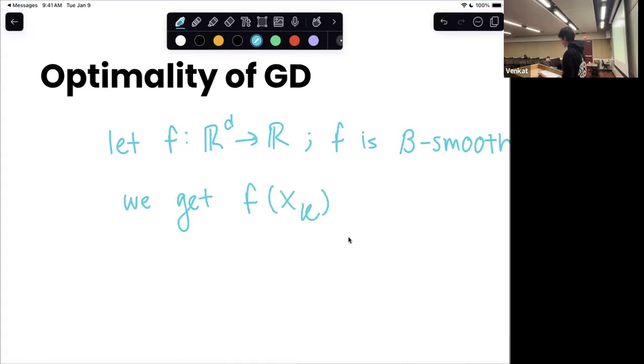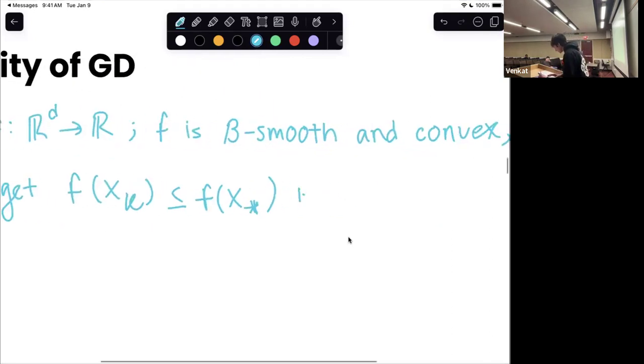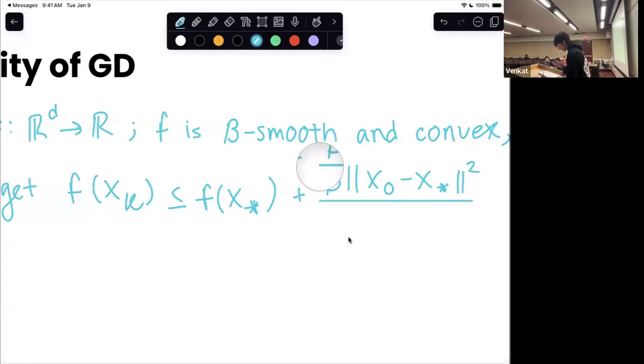Our function value at the kth iteration will always be less than or equal to the optimal value, where x star is the optimal solution, plus the norm of the difference between our starting point and the optimal solution, divided by 2 times the number of iterations. Okay, so this is the theorem we're going to try and prove.